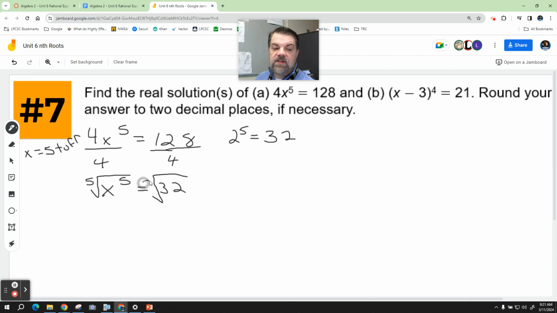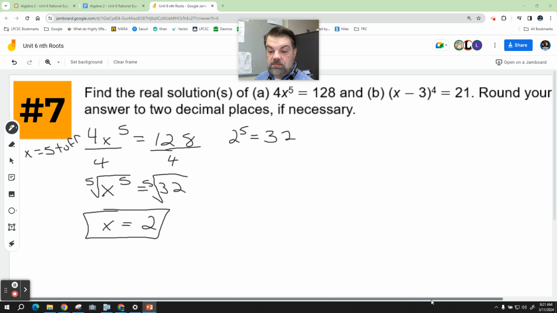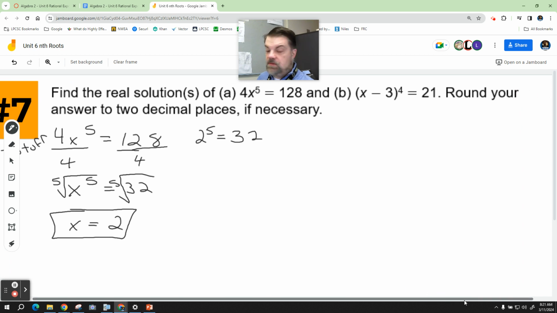I have to take the fifth root. Well, the fifth root of 32 is just 2. Does that make sense? So that's the solution for that one. I'll slide over and do the next one.